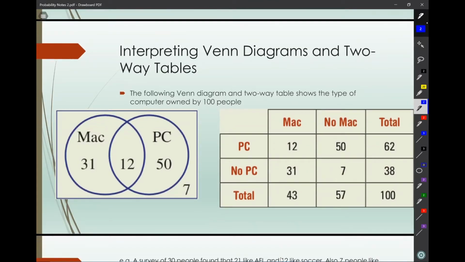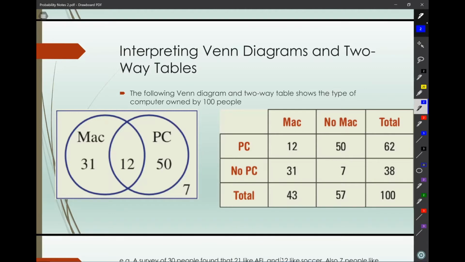What we have here is an example of a Venn diagram on this side and a two-way table on the right, showing the results of a survey of 100 people, asking them who has PC and who has Mac. So the possible responses to the survey were either you have a PC, you have a Mac, you have both, or you have neither.